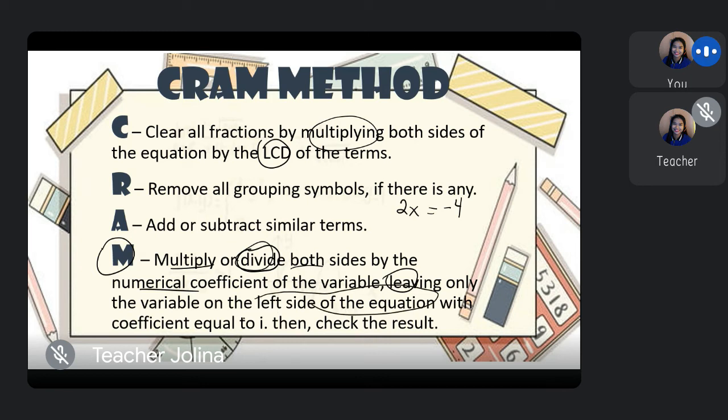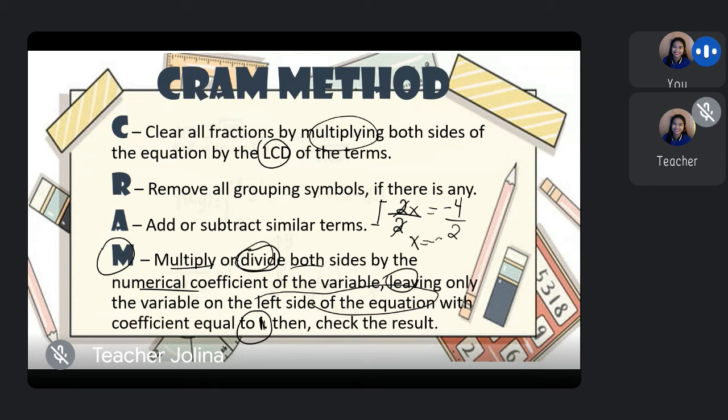Okay, so 1 po yan. Ang gawin nyo lang is divide both sides by the numerical coefficient ni 2x, which is 2. So kung nag-divide ka dyan ng 2, ganun din po sa kabila. And then leaving the left side with coefficient 1, kasi po, 2 divided by 2 is equivalent to 1. So magiging x is equal to -2.